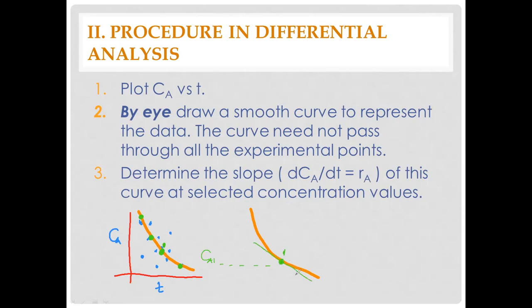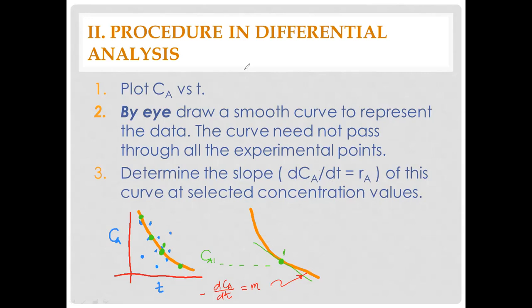This is the tangential line I've chosen. That tangential line is actually having a slope. This tangential line has a slope which is equal to dCA dt, or that's negative dCA dt because this is a negative slope. That would be my negative dCA dt, the slope of this line.